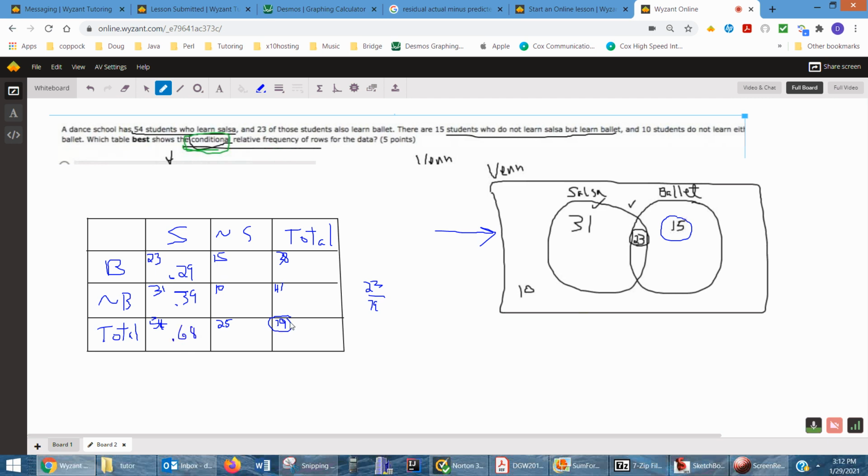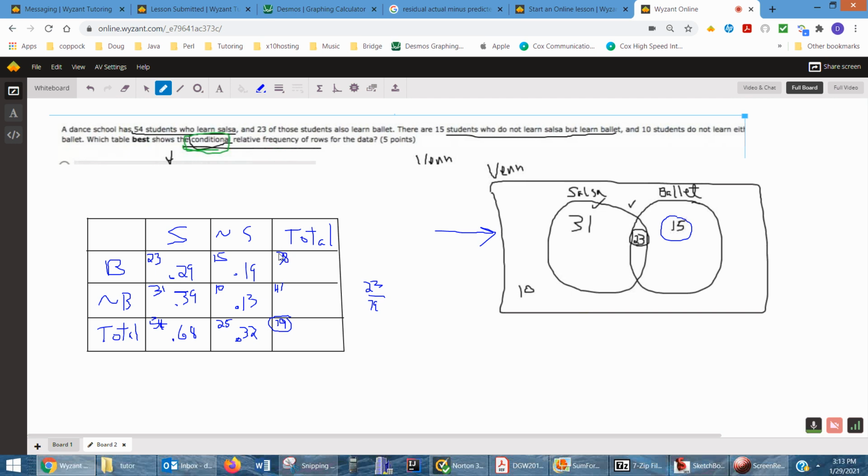15 out of 79 is 0.19. 10 out of 79 is 0.13. And those add up to 0.32, which would be the same as 25 out of 79.